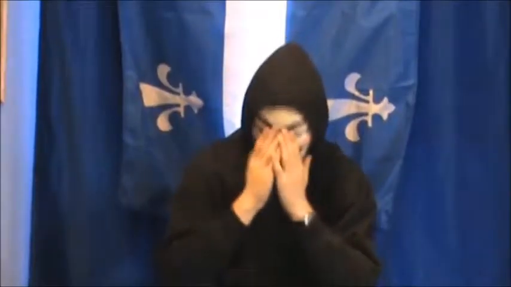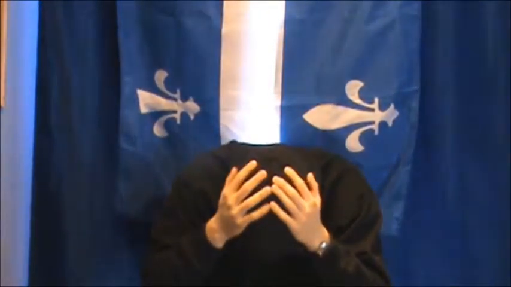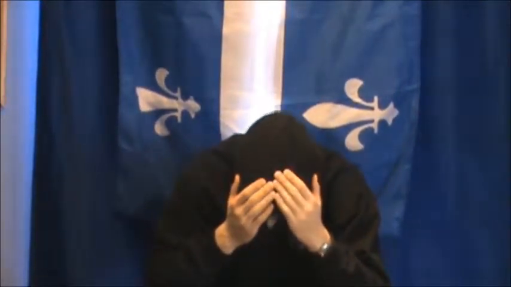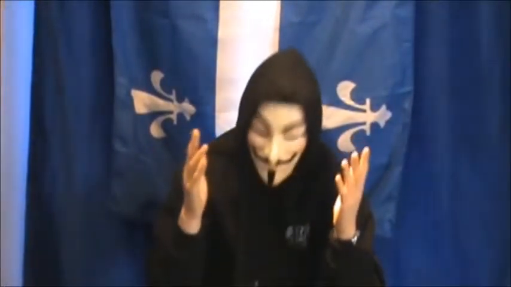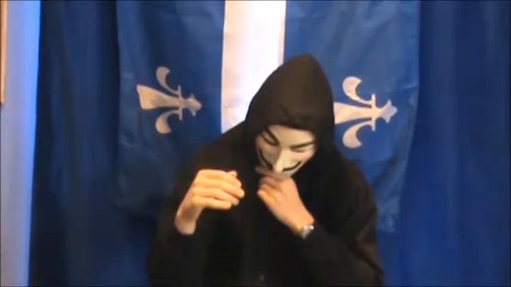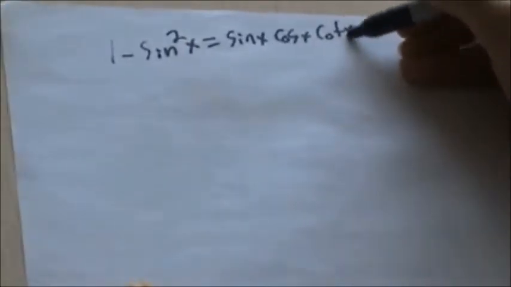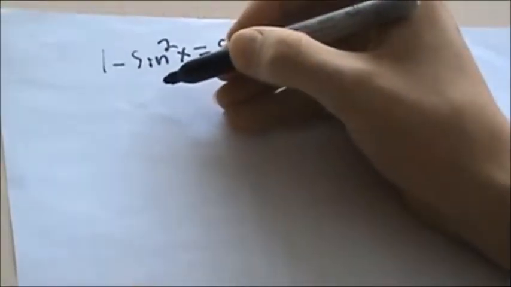Oh. Next question. Verify that 1 minus sine squared x equals sine x cos x cotangent x, and determine non-permissible values for x. Okay, the formula was 1 minus sine squared x equals sine x cos x cot x. So I'll substitute 30 degrees for x and start with the left side.